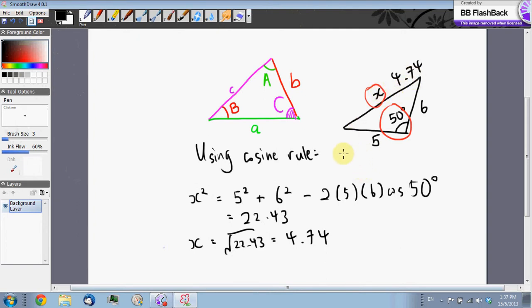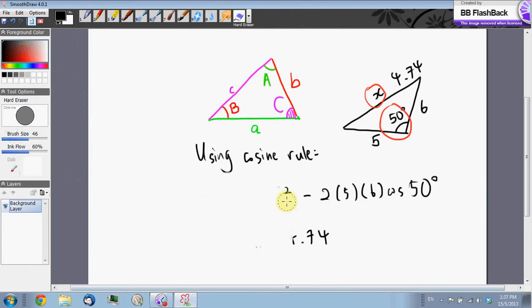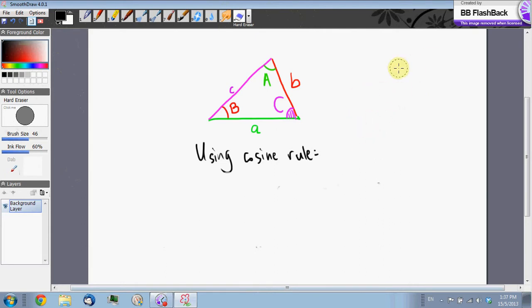Alright, in another example, let's say I'm going to redraw another triangle here, like this.